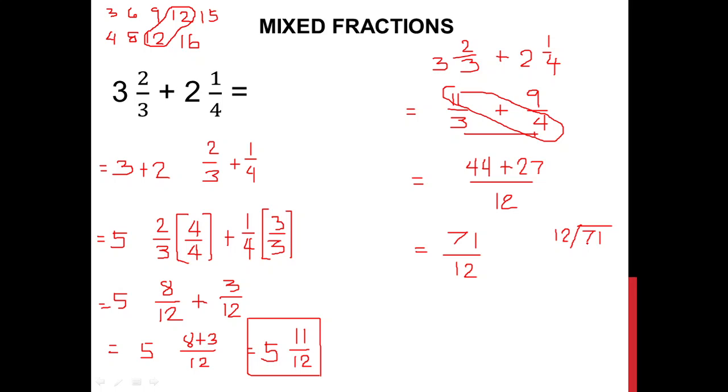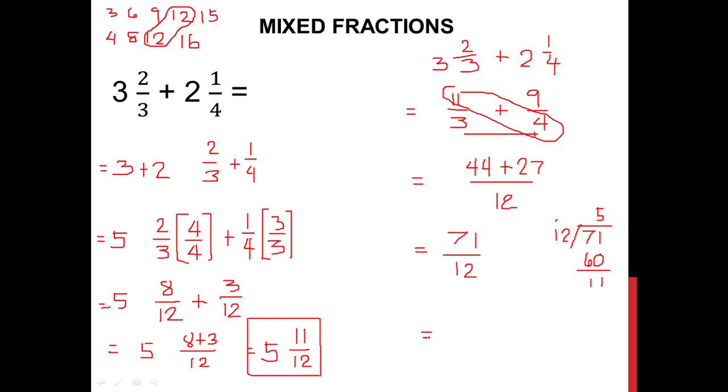So here 12 divided by 7 cannot be, so let's move to 71. 71 divided by 12, this would equal to 5. 5 times 12, so we have 5 times 2, 10, carry 1. 5 times 1, that's 5, plus 1, that's 6. 1 minus 0, that's 1. 7 minus 6, that's 1. 11 cannot be divided by 12 anymore, so we can stop here.